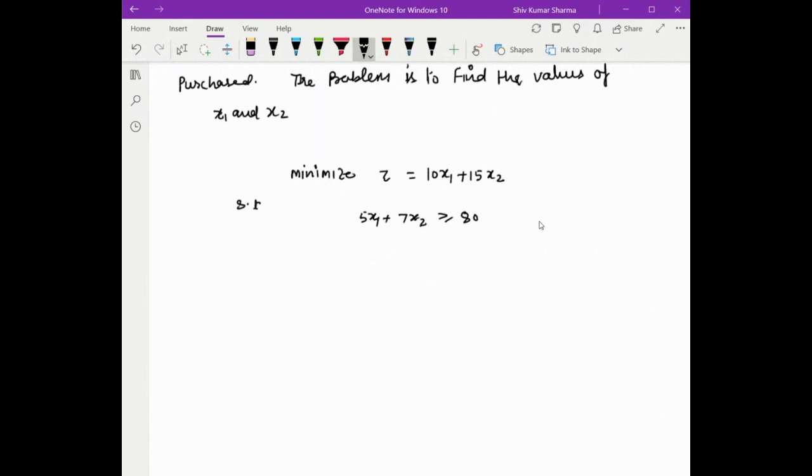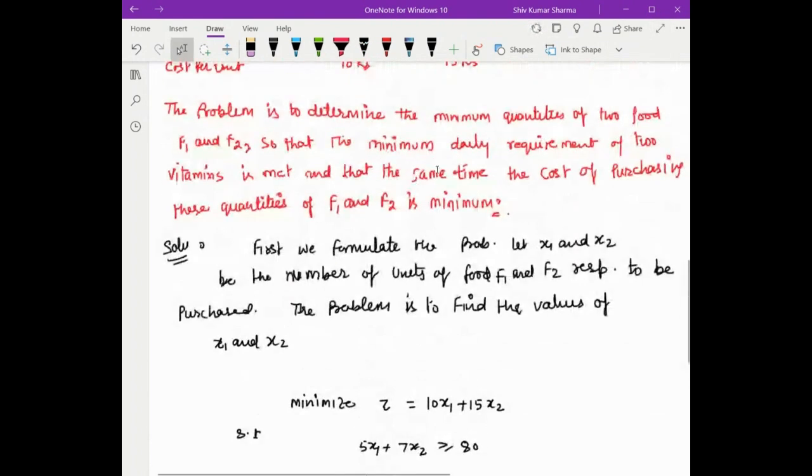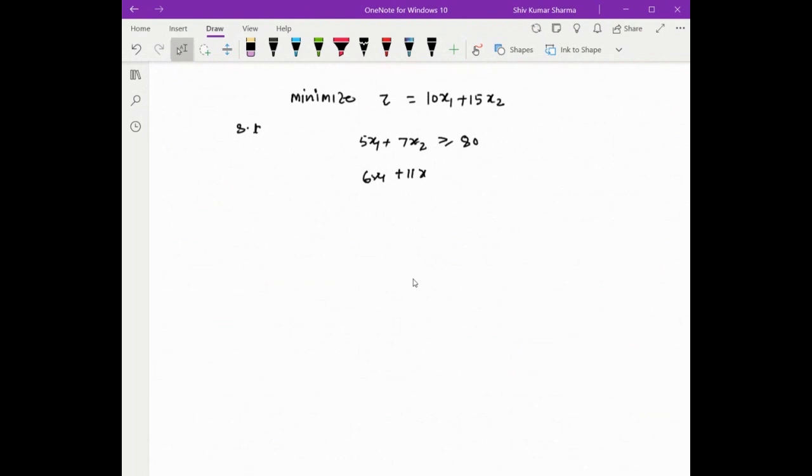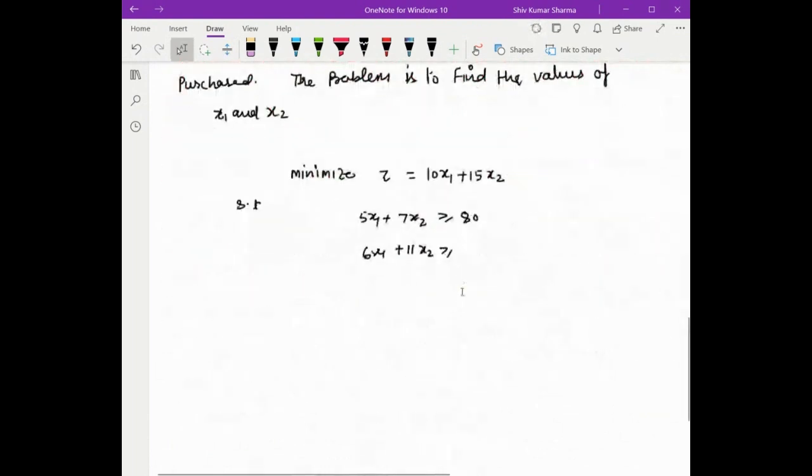We cannot adjust with less than 80. The second constraint is 6x1 plus 11x2 greater than or equal to 100. And both decision variables x1 and x2 are greater than or equal to 0. So this is the formulation of the LPP.